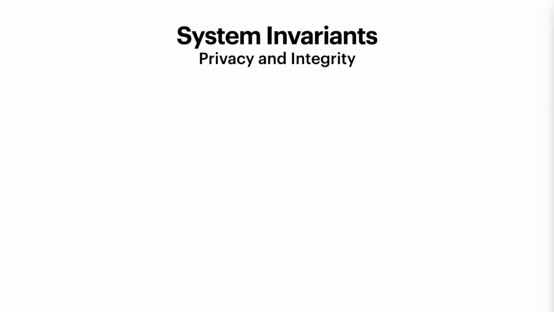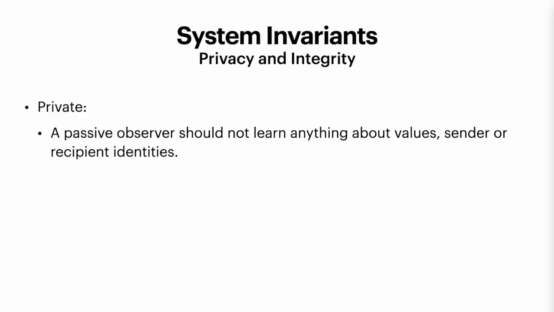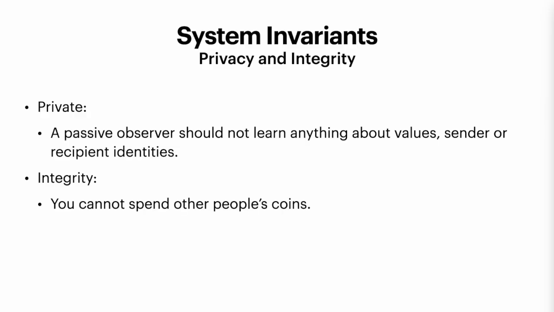So let's first begin by enumerating the properties that we would ideally want from a cryptographic protocol standpoint. First, we need it to be private. We don't want a passive observer to learn anything about values, sender or recipient identities. In literature, this is ledger indistinguishability. And in terms of integrity, we want some basic stuff.